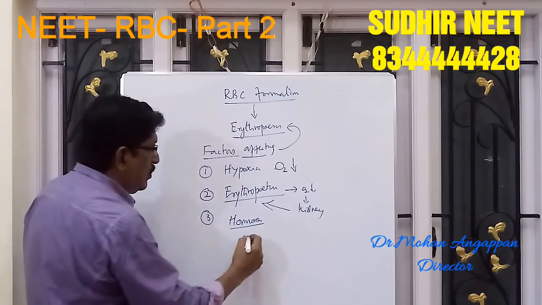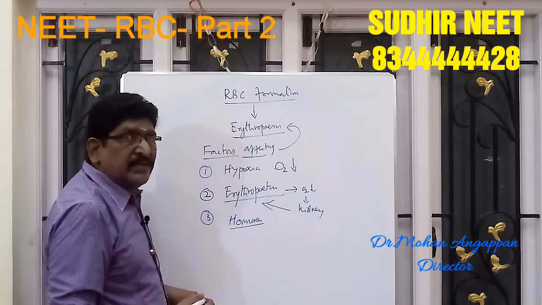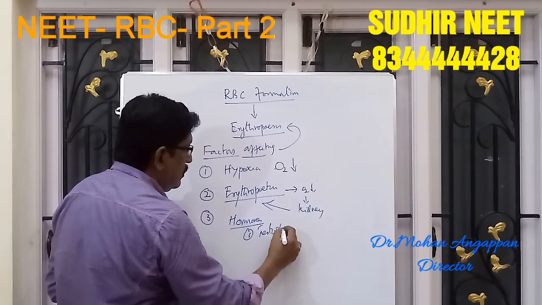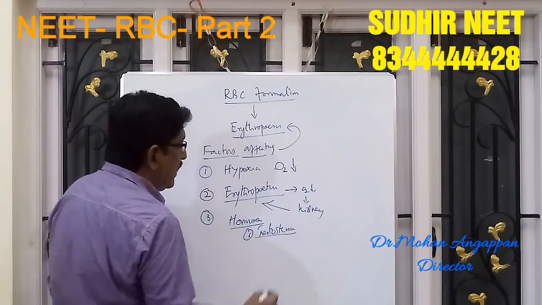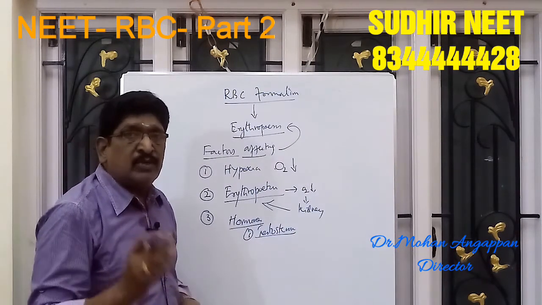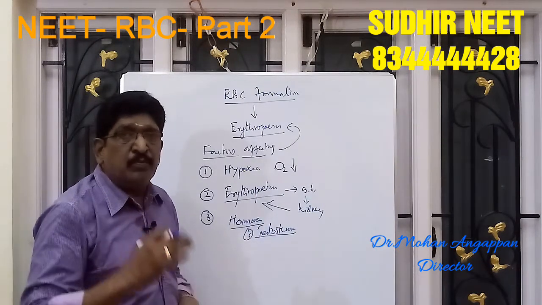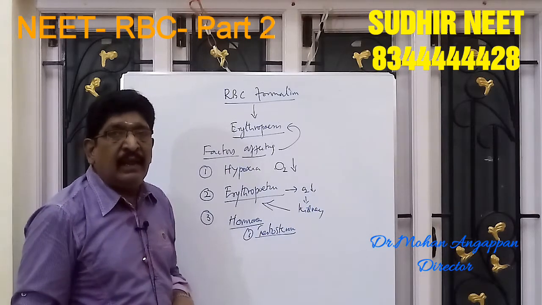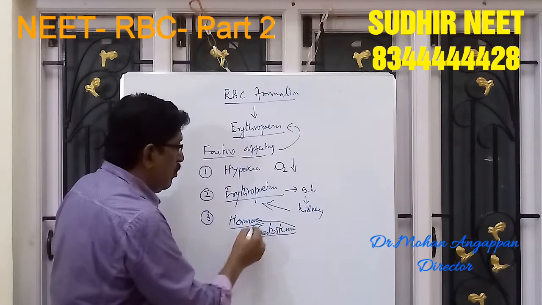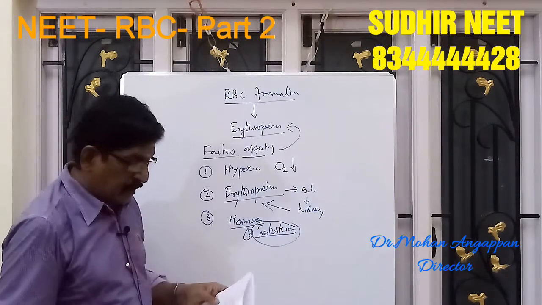The main hormone affecting erythropoiesis is testosterone. It increases the process of erythropoiesis. So you may ask the question, why is the RBC count more in male than in female? It is because of the hormone testosterone.